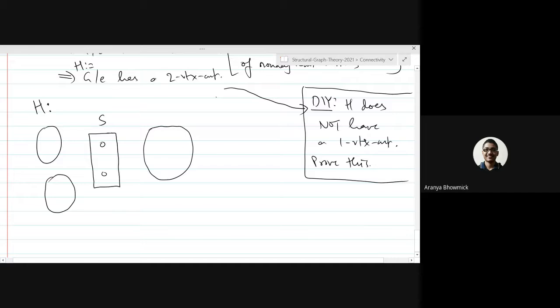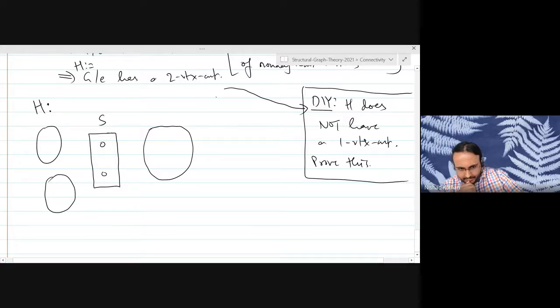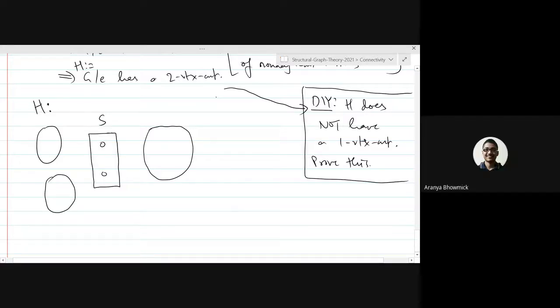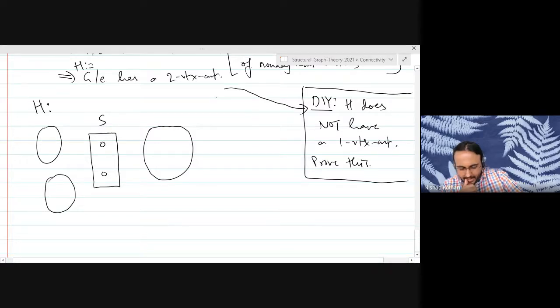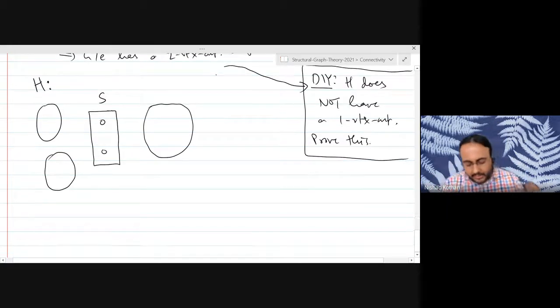We will show that G contract E has a 2 vertex cut, so I think there will exist a 2 vertex cut such that the vertices in the cut are non-adjacent in G. I'm not too sure about that. You can try to prove it, but I am not too confident. I don't see why the 2 vertices cannot be adjacent. But anyways, you might be right. That requires a proof, but we don't need that right now.